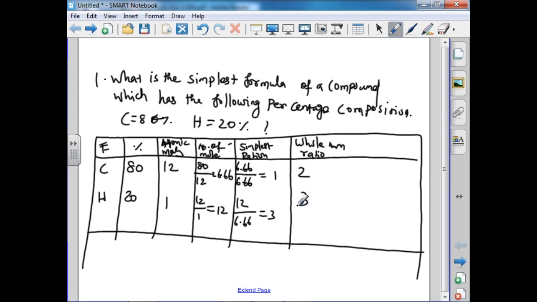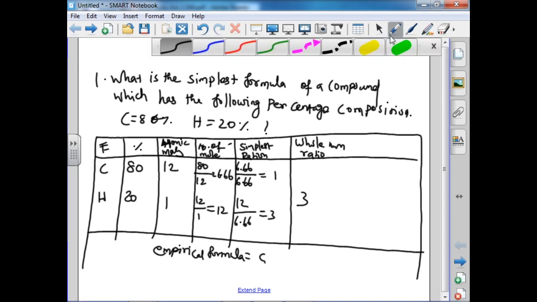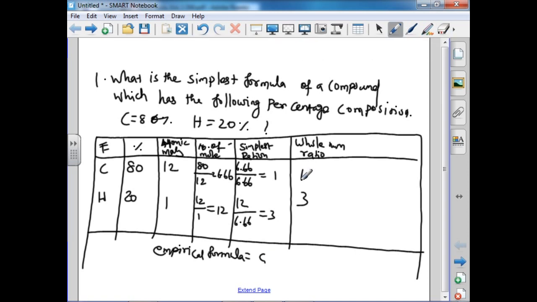The simplest formula is called the empirical formula. The number of carbon is 1 and hydrogen 3. So the empirical formula is CH3.